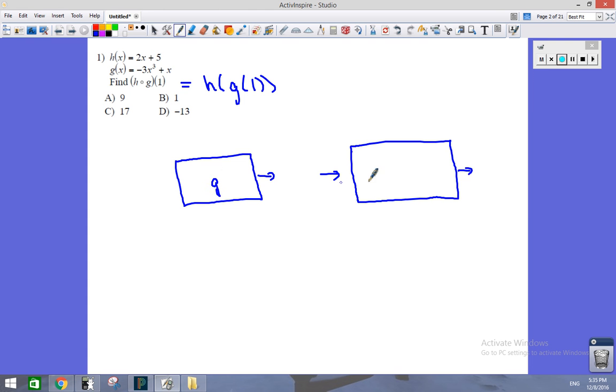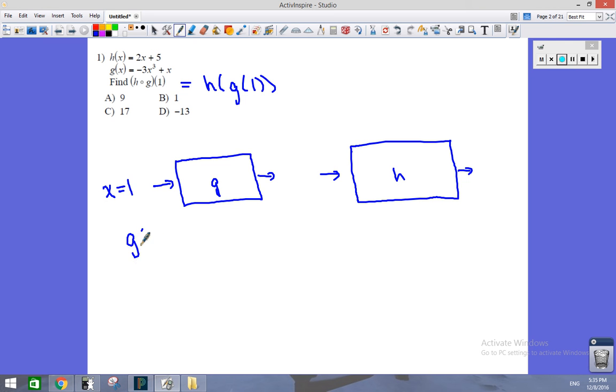The first function is g, and the second function is h. Here, our input is coming from the domain of g. G's domain is all real numbers, so we don't have to worry about avoiding any number. And here, they're telling us to plug in the number 1. So if x is allowed to be the number 1, what does this function g always do?